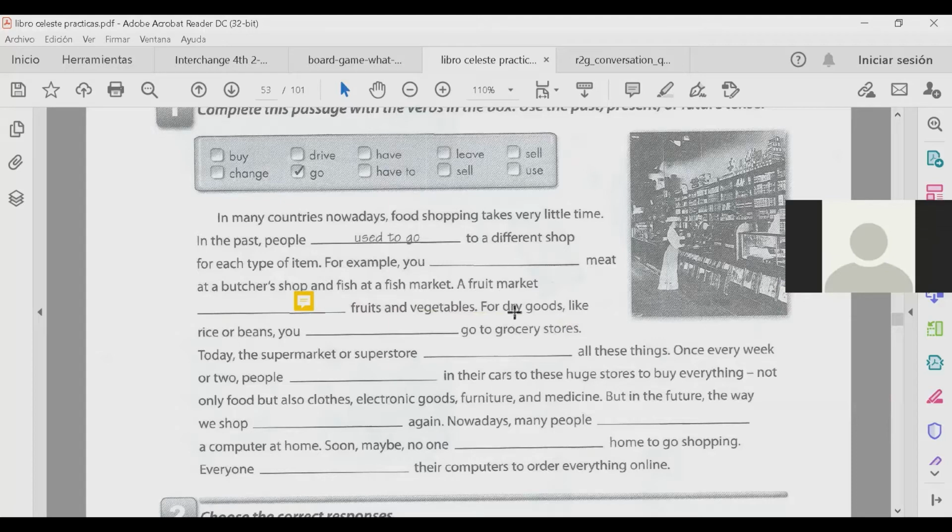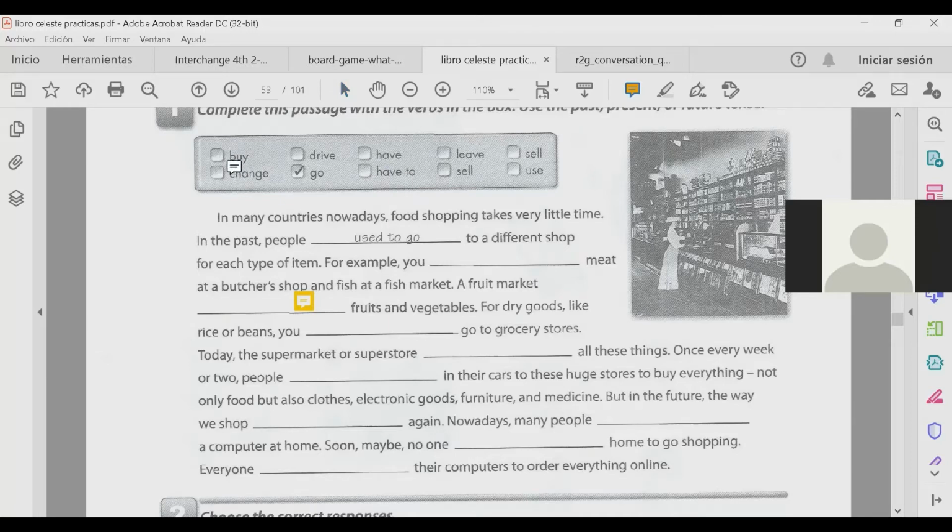For dry goods, like rice or beans, you, and here Carlos mentioned go, right? Yep. But look at this, guys. We have the verb go over here, right? So we need the verb, which one? What could be in there?